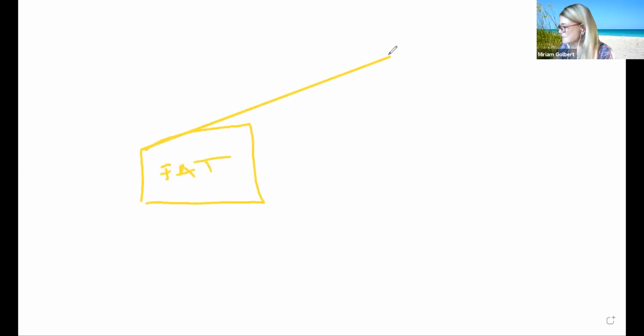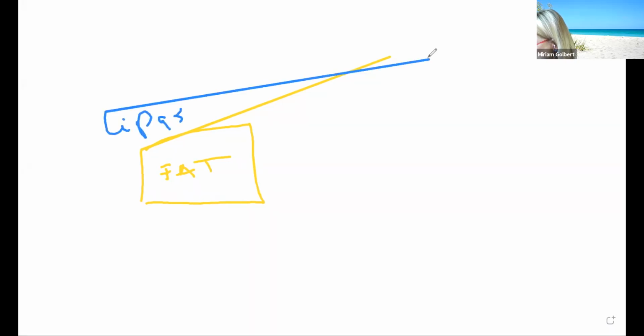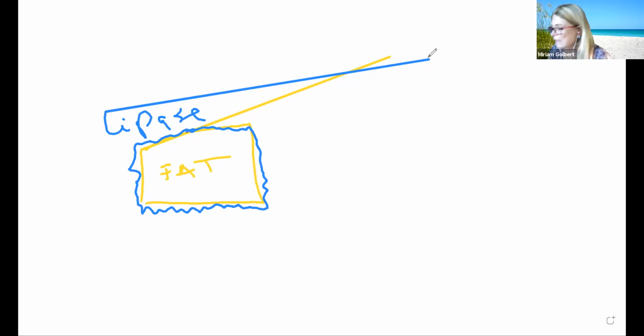So when you have a big piece of fat, let's say you ate lard. That doesn't sound that appealing, but let's say you took a bite of lard and you don't have bile, then you're going to use your lipase. And this enzyme is going to try to break down this fat, but because it's a big chunk of fat, it may only act on the outside of that chunk of lard, right? So it's not very efficient.